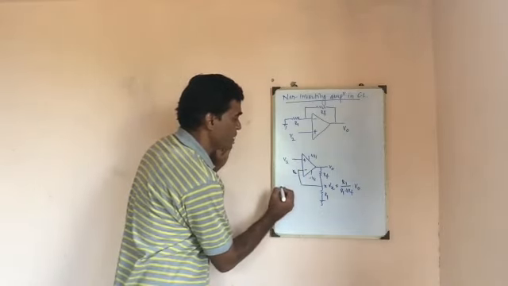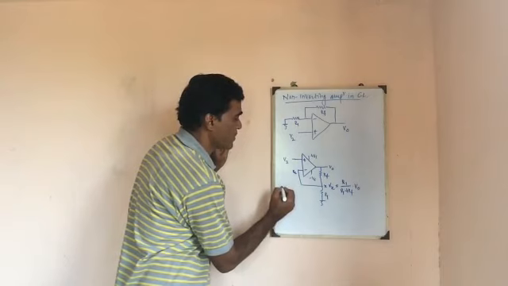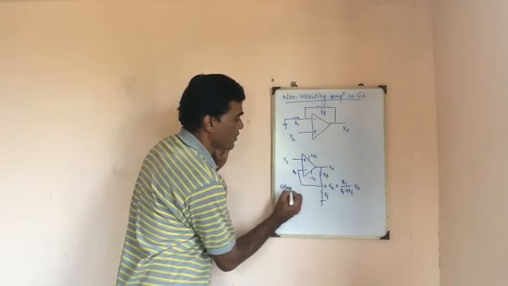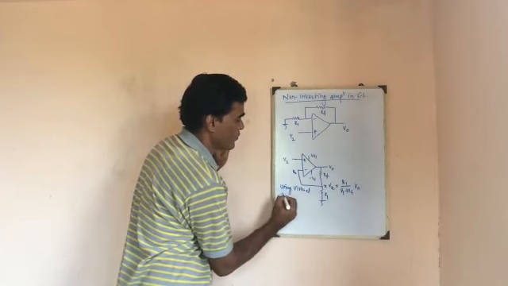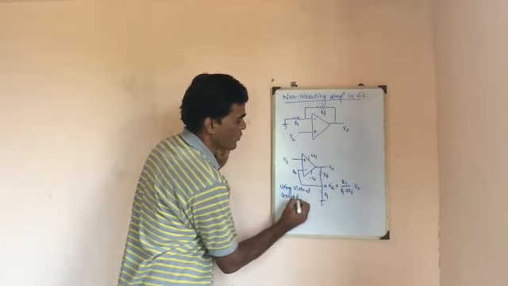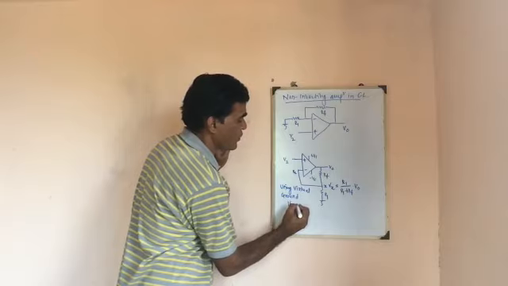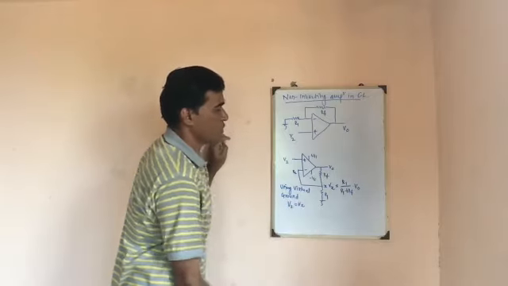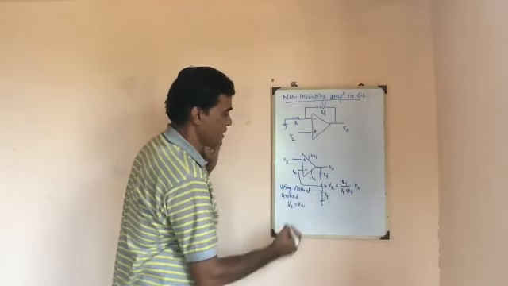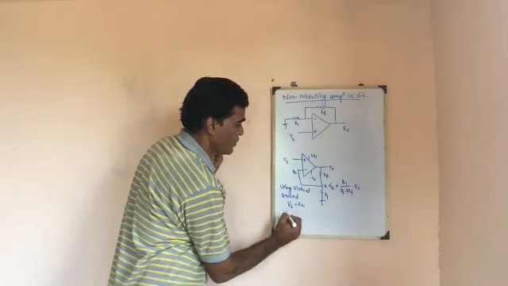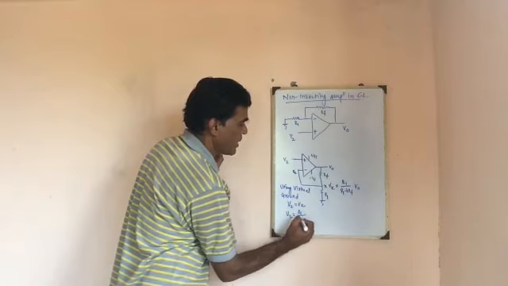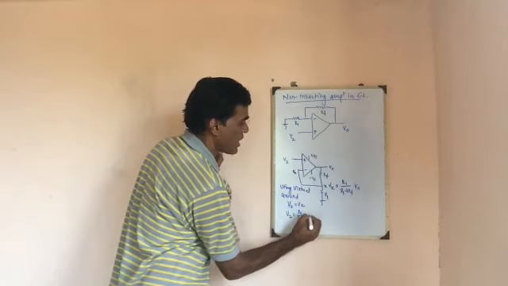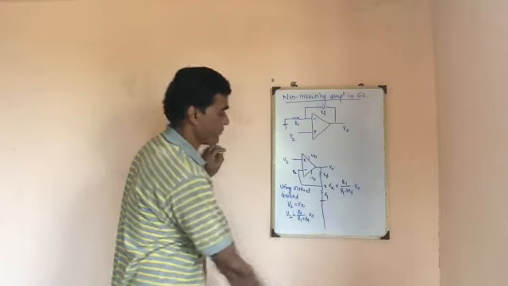Hence, by using the virtual ground concept, I can write V2 is equal to Vx. Now substitute this V2 and Vx. So I can write V2 is equal to R1 divided by R1 plus Rf into V0.